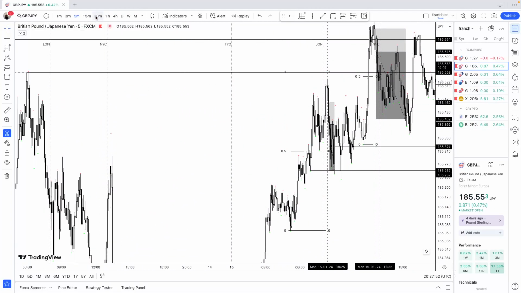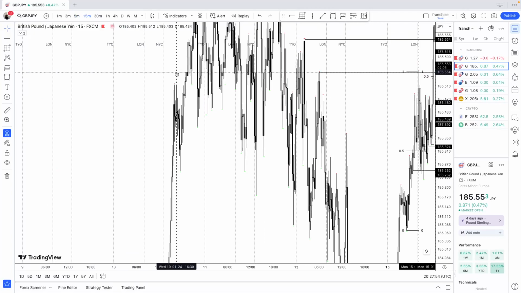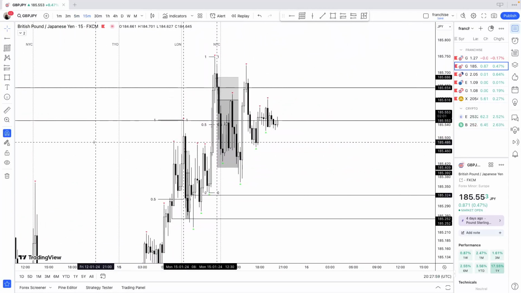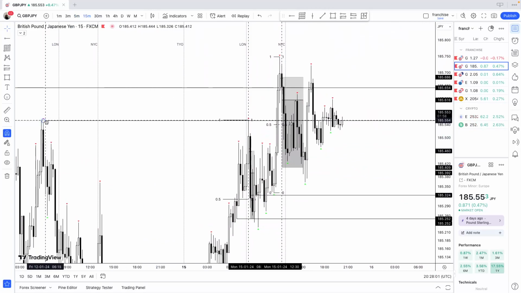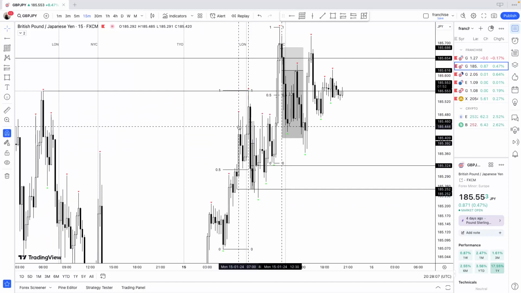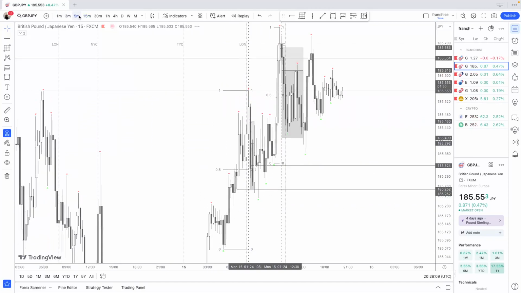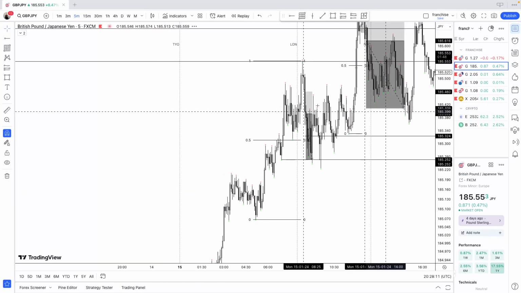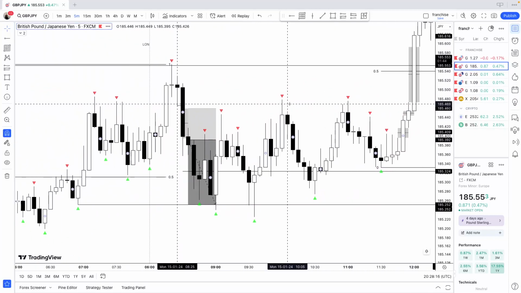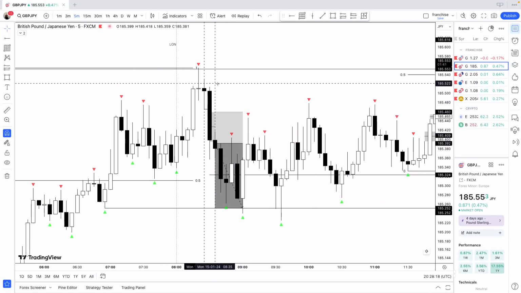So you've got 15-minute. My mouse is gone. 15-minute liquidity sweep right here. This is our 15-minute low with a 15-minute high that's just swept it, and equilibrium gets set right here.